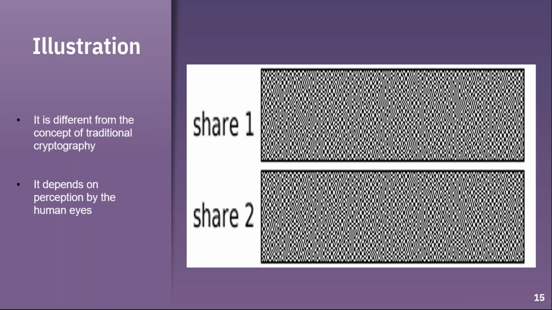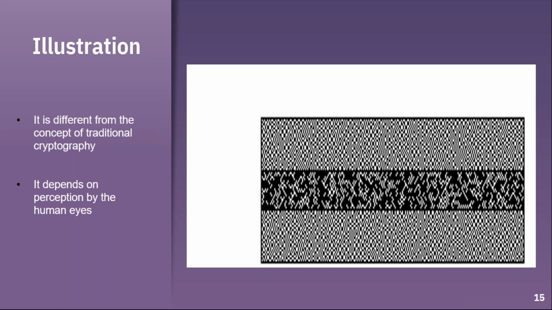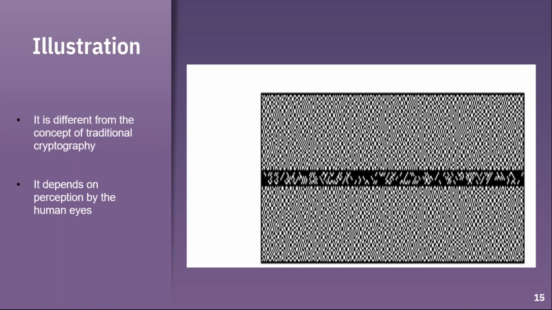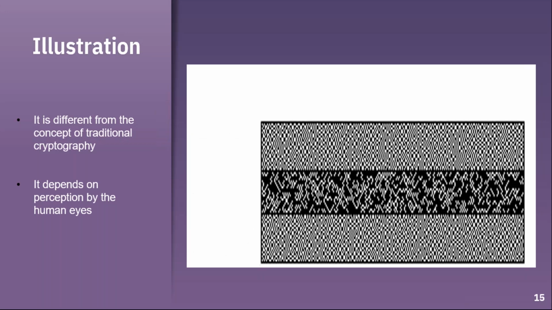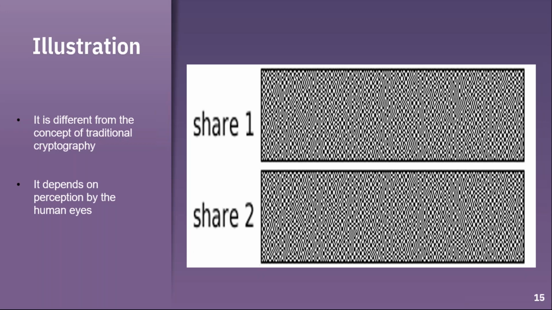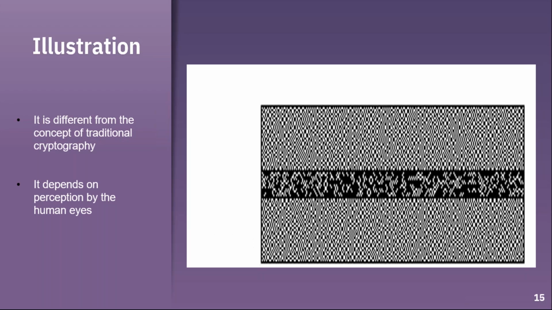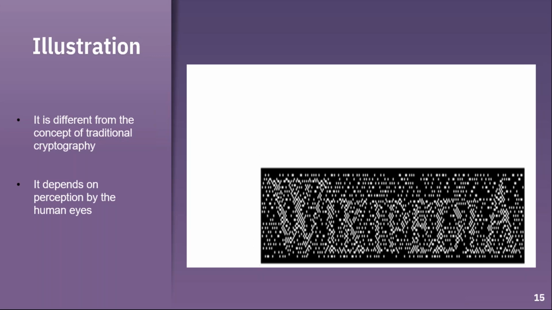When share 1 and share 2 are overlapped with each other, we can see Wikipedia written. So the original image was Wikipedia. We created two random looking shares from it. Just by looking at those random looking shares, no one can detect what information is being shared. And when you overlap them, the original image is retrieved back.